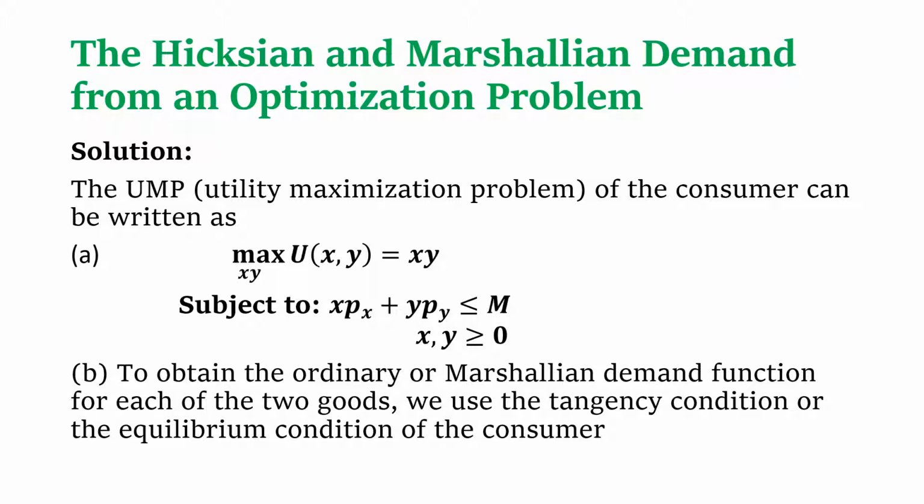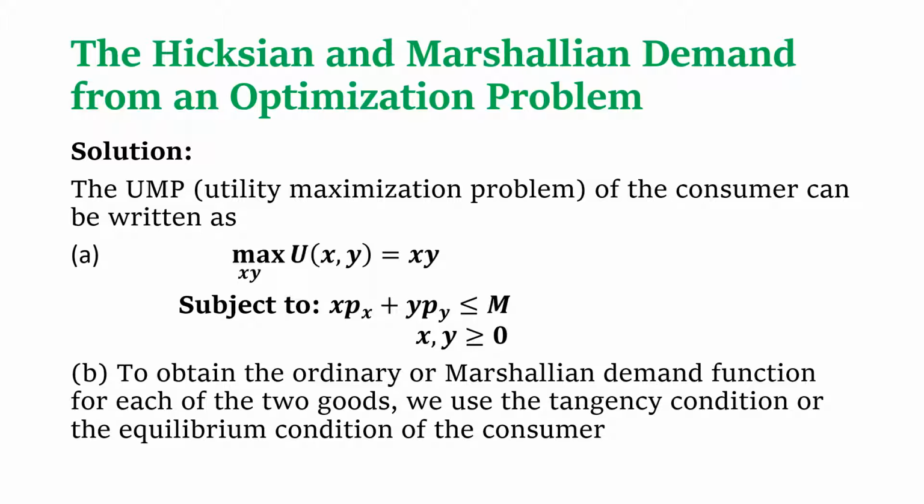If you don't have these three elements, then that's not a complete problem. Now, how do you write this problem? It is simple. Already they gave you the utility, which is xy. All you need to say is max u of xy equals xy. That is your objective function, full point, full grade, right? You get the credits for writing just that.